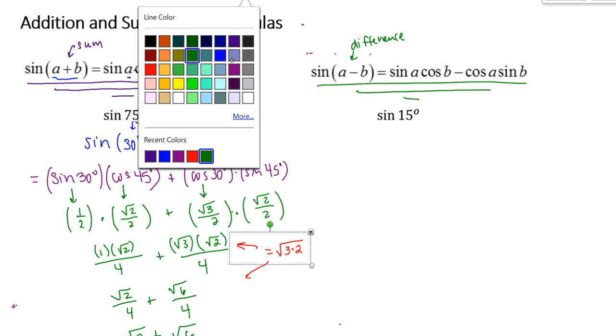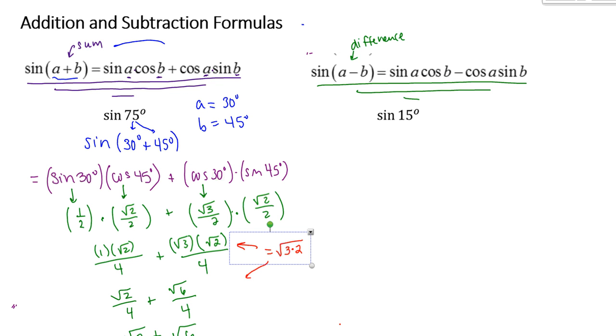Since this is a sum, that becomes a plus. This is a difference, that is a subtraction. I called it addition and subtraction formulas, but it's more often called sum and difference formulas or identities. Must be your favorite word now, huh?